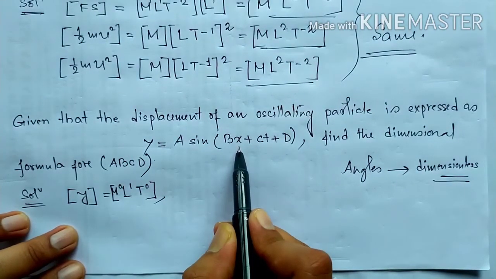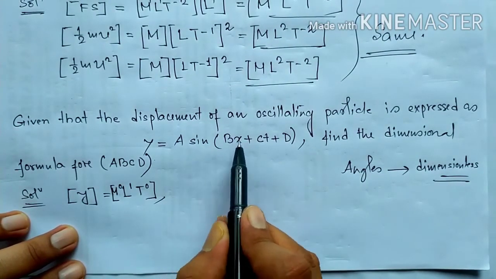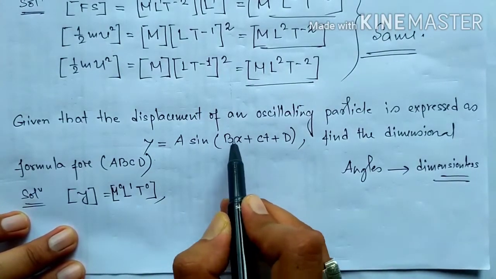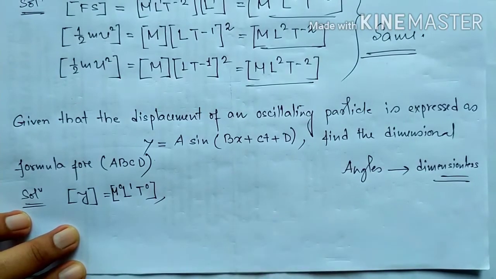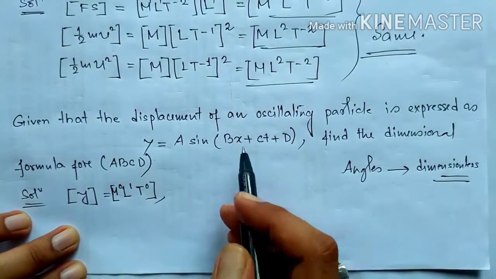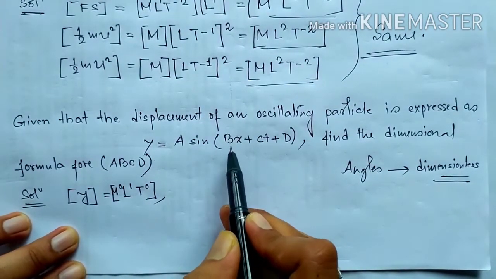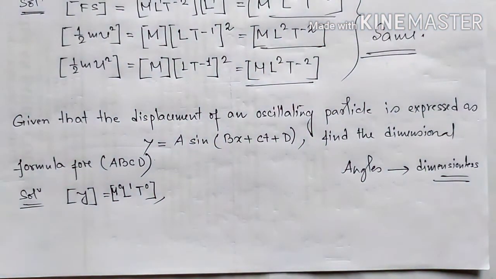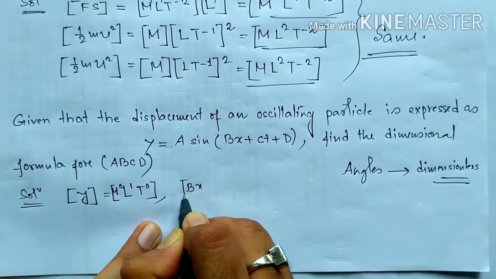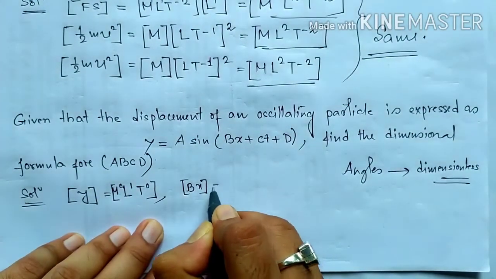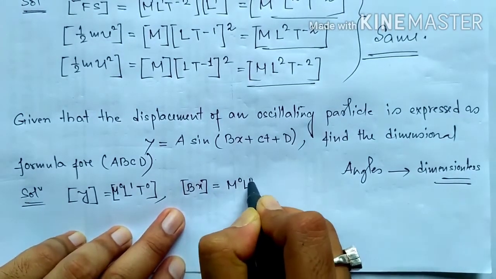But bx as a whole being dimensionless does not mean that b has no dimension, or that x has no dimension. No. As a whole, the angle is being represented by bx, so bx as a whole will have no dimension, M to the power 0, L to the power 0, T to the power 0.